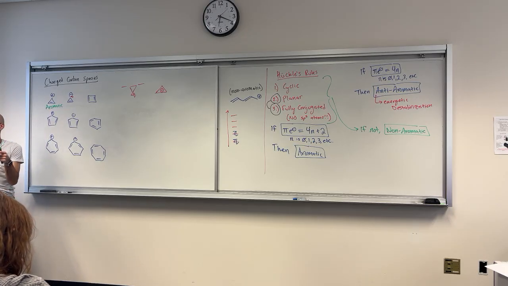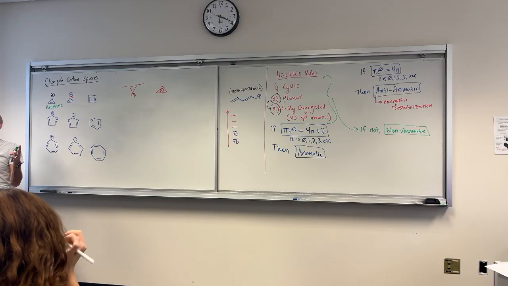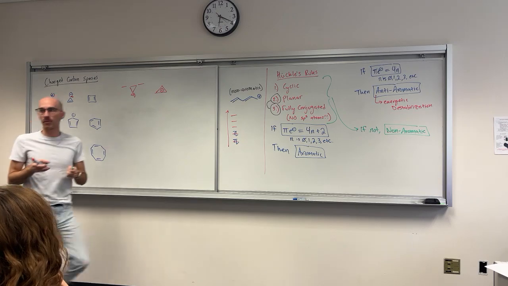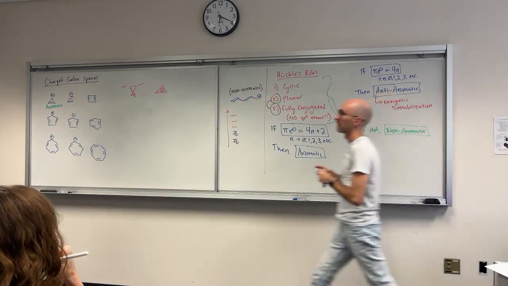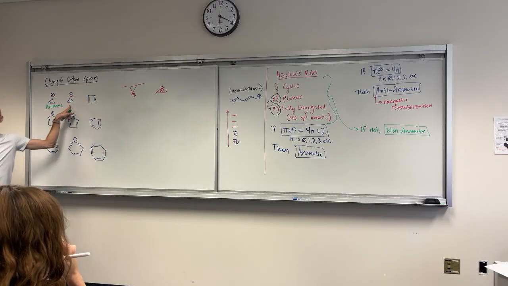It cannot get out of being conjugated. It would like to be, but it doesn't have the angle freedom to not be conjugated. So against our better wishes, that atom is conjugated, which means it satisfies all of Huckel's rules.